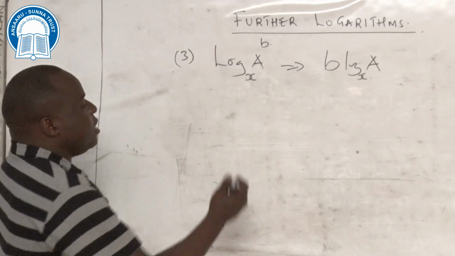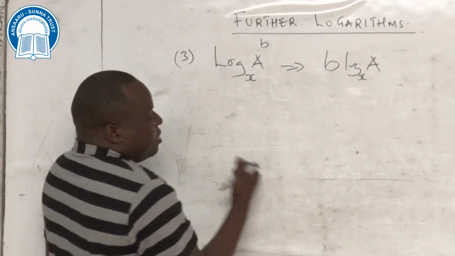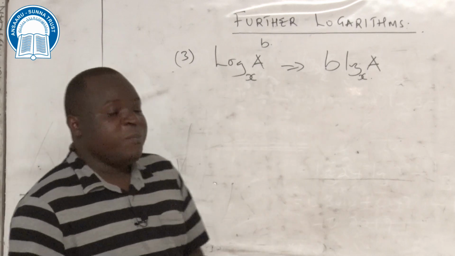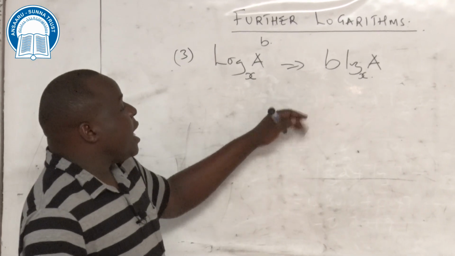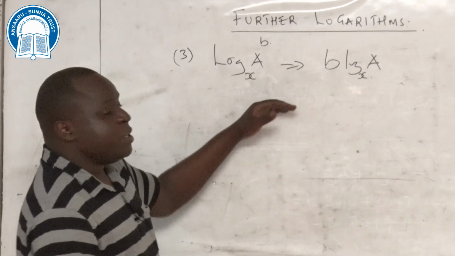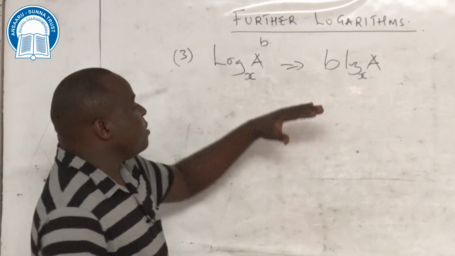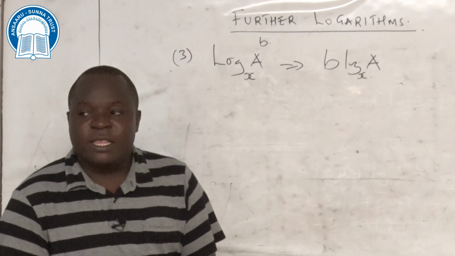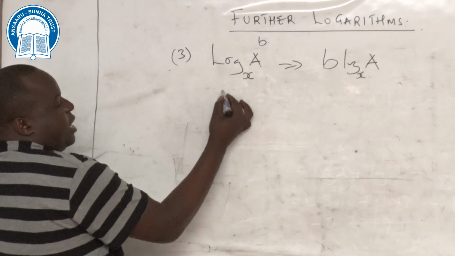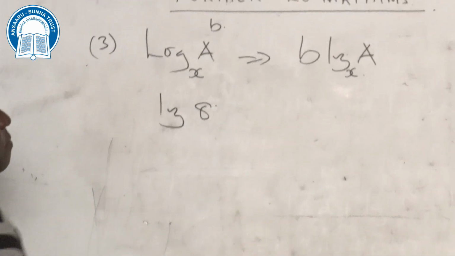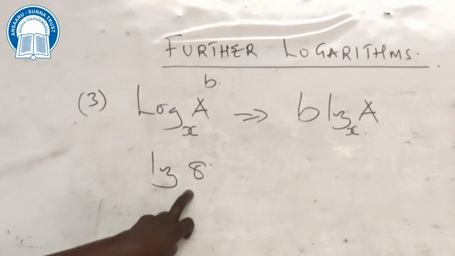So first of all, why do you need to know this? It is very important in simplifications, especially in expressions. In expressions you're supposed to simplify, and when you're simplifying values, you're supposed to write them in the simplest form possible. Consider a number like log 8.